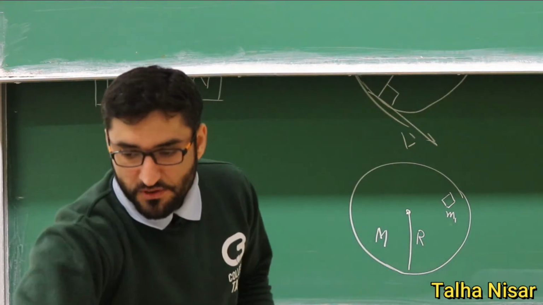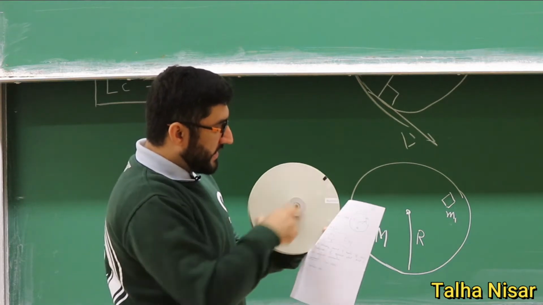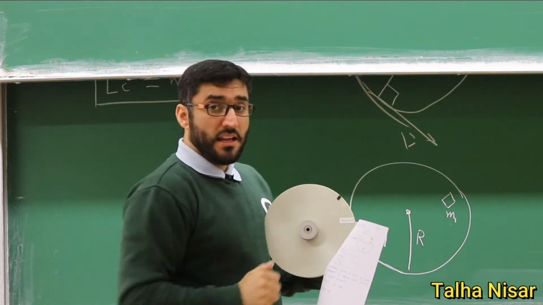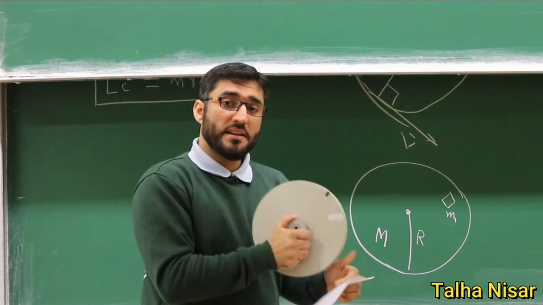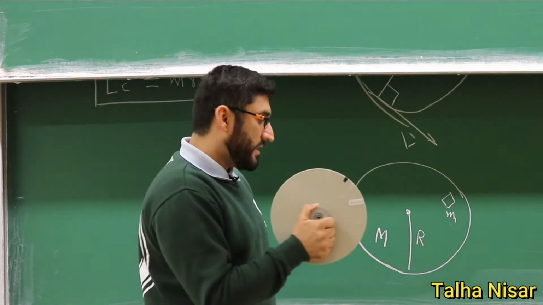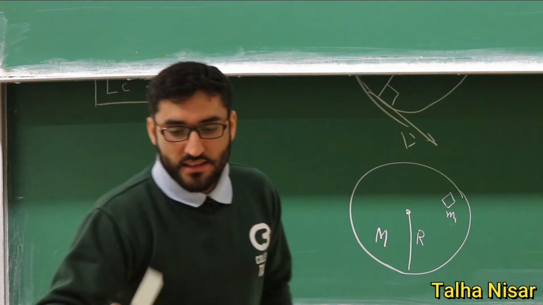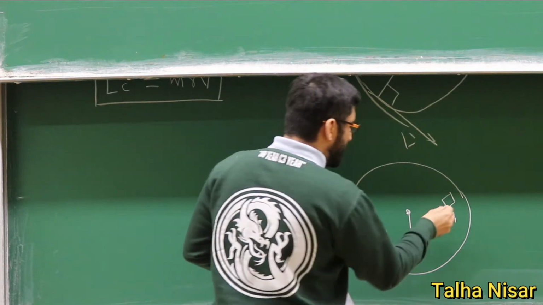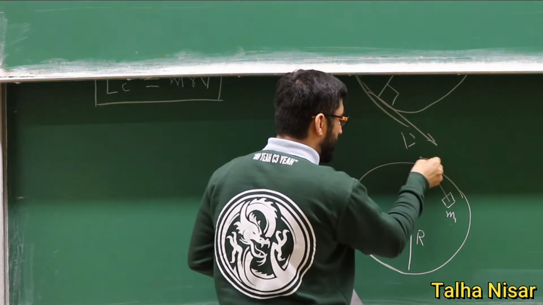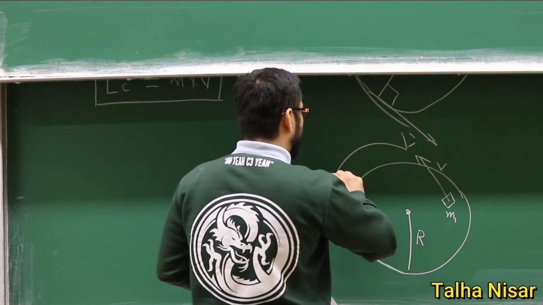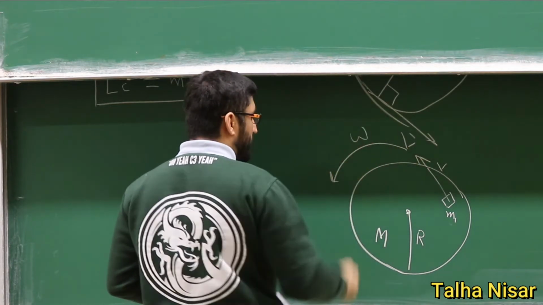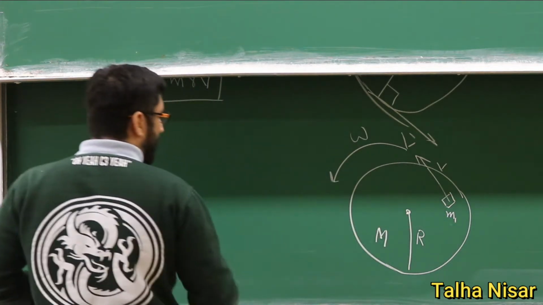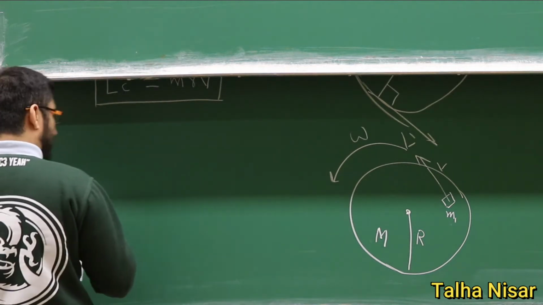Then if we know the angular momentum of this little element, we will just sum all the masses, and that will be the angular momentum for the spinning disk. So this will be the tangential velocity, and it's spinning like this with omega, the angular speed, and then we have this small element, and then we will do it for the complete disk.